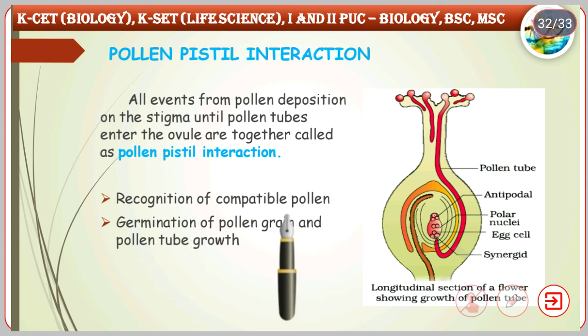So how does the pollen pistil interaction process take place? First it recognizes whether the pollen is suitable for the stigma or whether it is unknown. If it is suitable, it gives permission for the pollen grain to germinate. If it is unwanted pollen, it blocks the hormones so that the pollen grain does not germinate, and it is left as it is. So first it recognizes whether the pollen is a match, then it gives permission for germination and pollen tube growth.